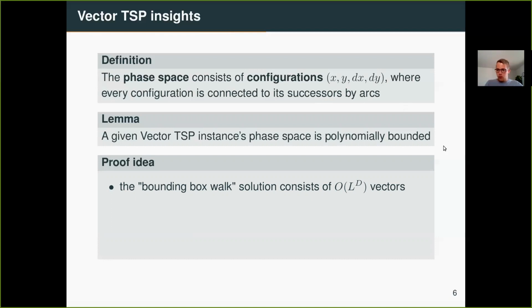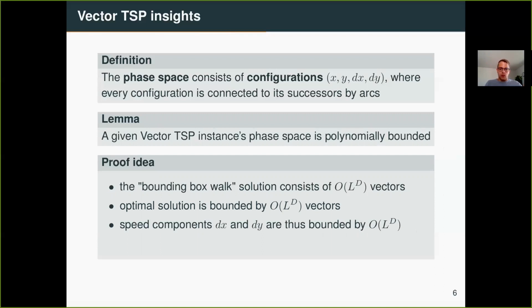So this is a simple solution because you visit every city, because they're inside the bounding box, and you visit everything in the bounding box. And it's of size L to the D vectors. Now that means that the optimal solution is also bounded by L to the D vectors. And this in turn means that the speed components are bounded by L to the D as well, because you can only accelerate by 1 every round.